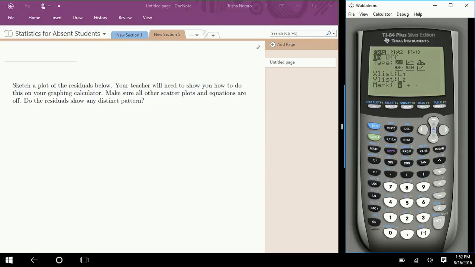However, what this is, we have a scatter plot, okay? And then we have list 1 and list 2. So we're no longer looking at list 1 and list 2 because we just found the new residual point. So we don't want to graph the same thing we did in the warm-up. So what you need to do is go down to Y list, okay?